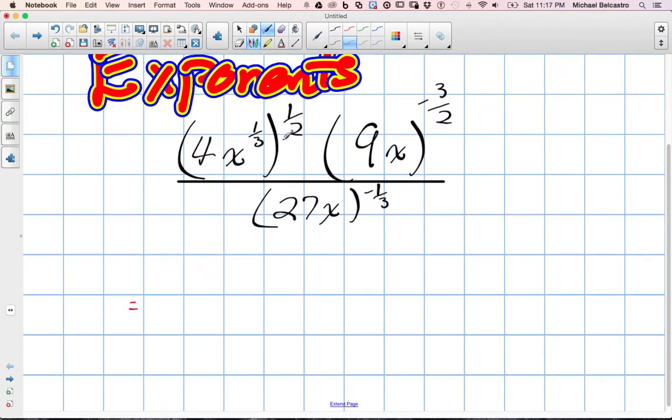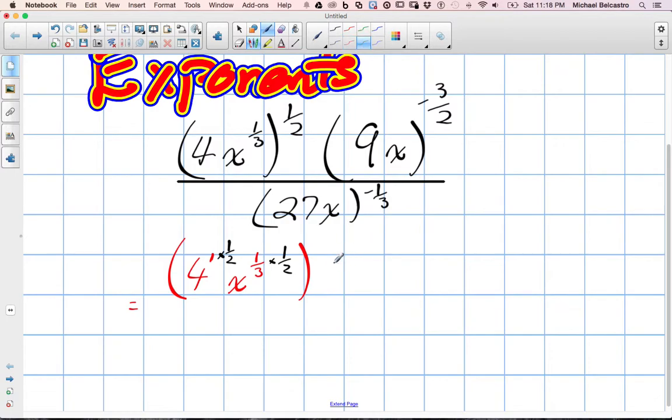We have our 4 and we have our x, that is to the power of a third. And we have to actually bring in our half. So think of it like 4 is technically to the power of 1. And when you bring this exponent in, you're going to multiply it by each of the other exponents. So it's like 1 times a half and then a third times a half. So all of that is the first expression.